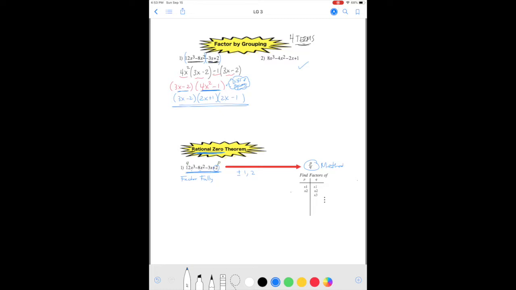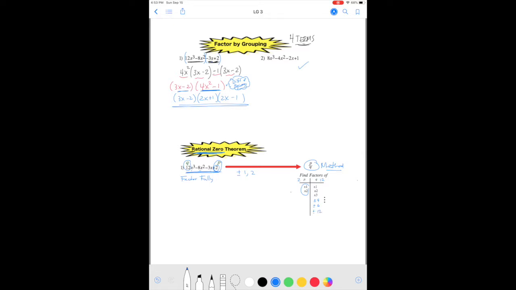First of all, this is the Q, the first guy, and this is the P. So you take your P and your Q's and you find the list of factors. If P is 2 and this is 12, I started listing them: plus or minus 1, 2, 3, plus or minus 4, plus or minus 6, plus or minus 12.